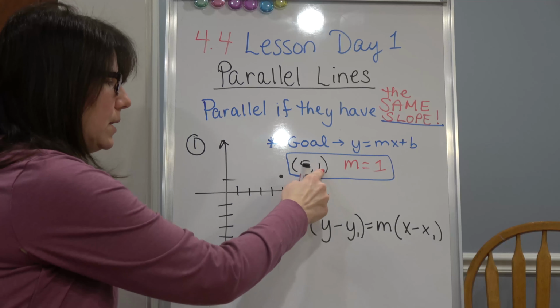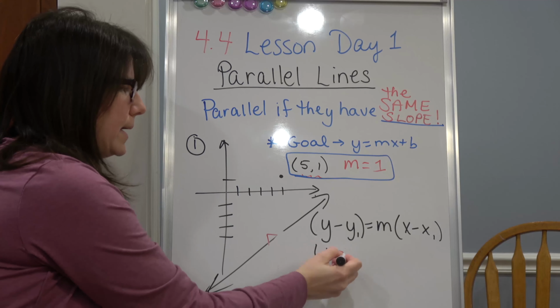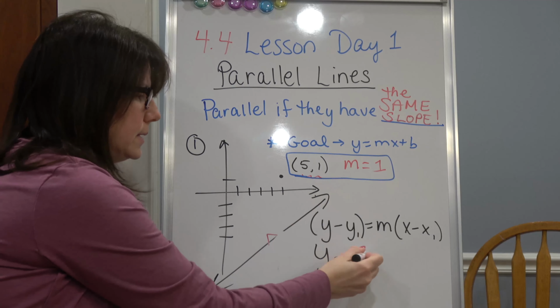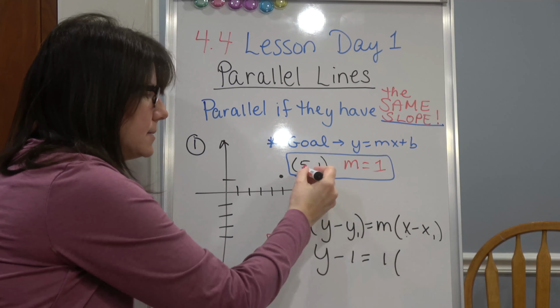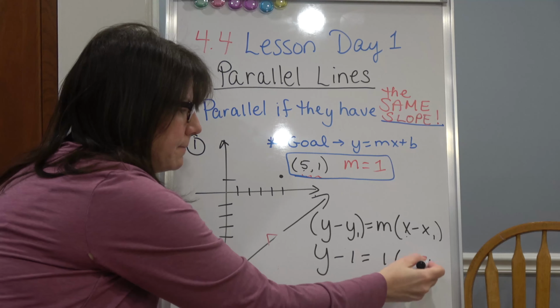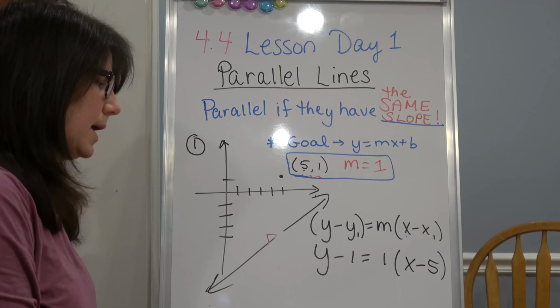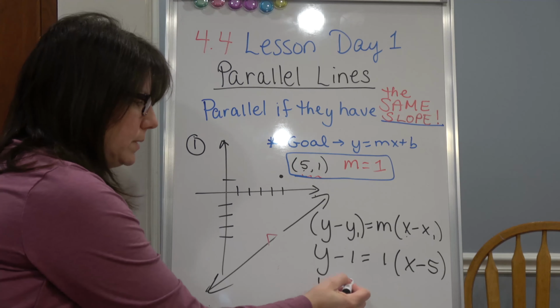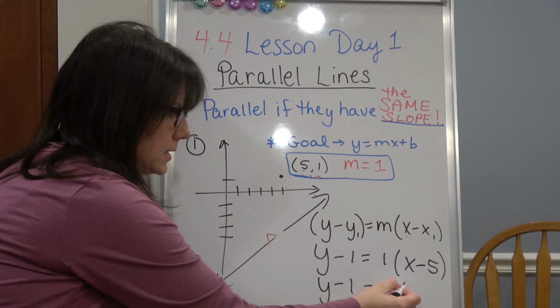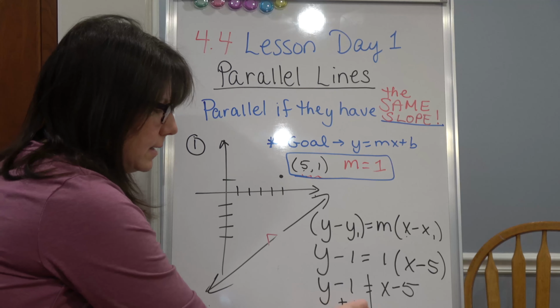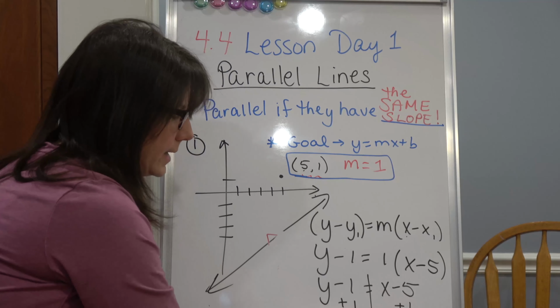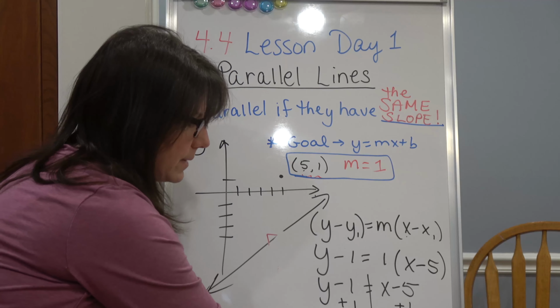And so we plug in our point, y minus 1 equals m times x minus 5. And so we distribute, which is really easy because it's just 1, and then we bring the constant over to the other side because we want it in y equals mx plus b form.